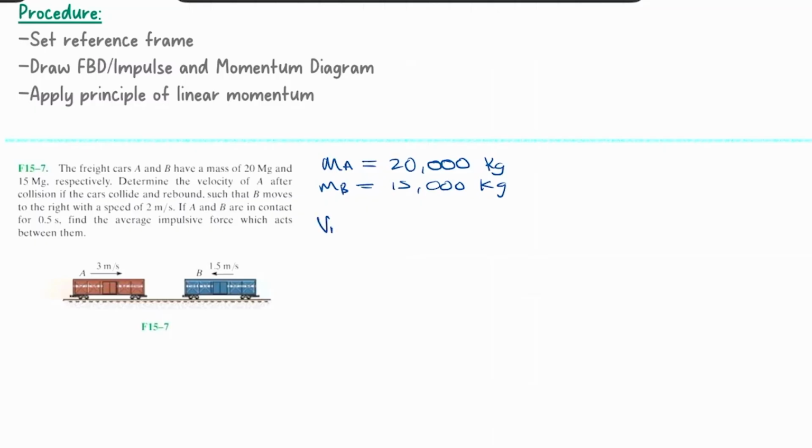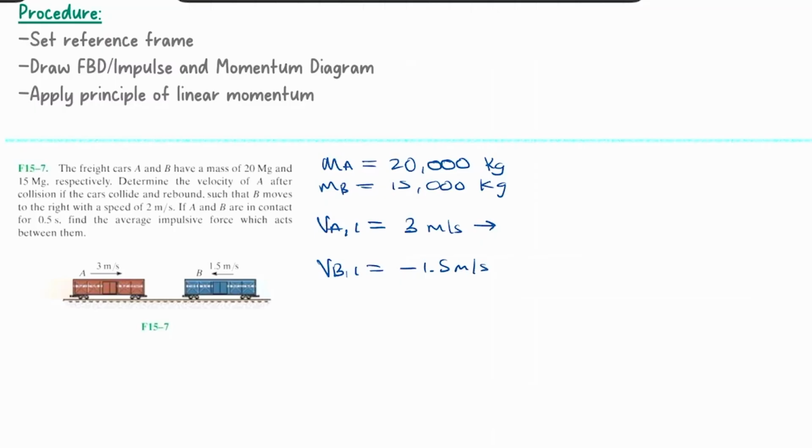Right? VA1, our velocity of A at state 1, is 3 meters per second. We're going to say it's to the right. Remember, these are vectors. The velocity of B at state 1 is equal to negative 1.5 meters per second.